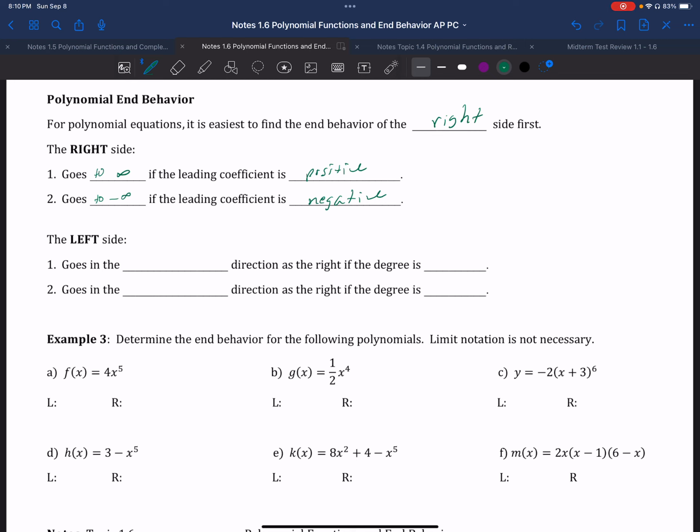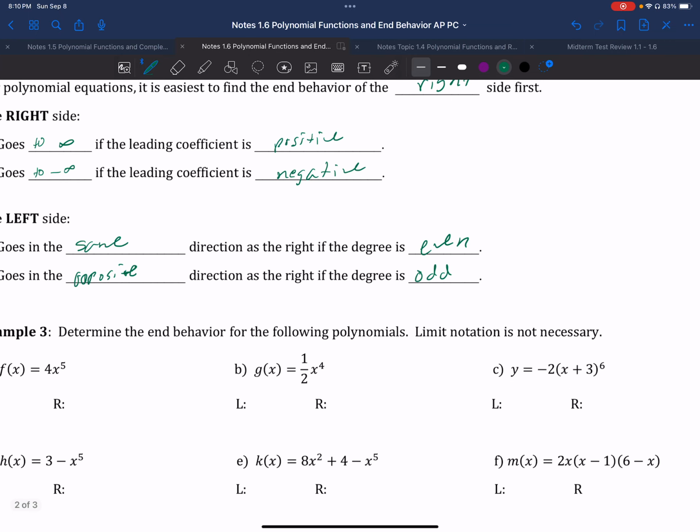So if the left side goes in the same direction as the right side, then you have an even degree function. And if it goes in the opposite direction, then you have an odd degree function. So we can use this information to figure it out.